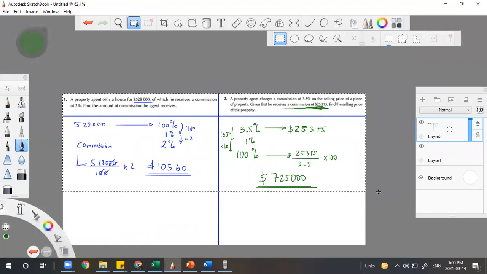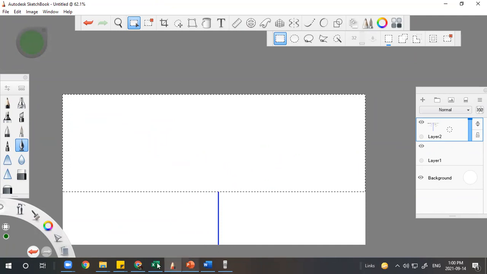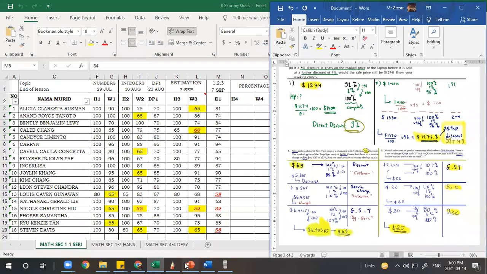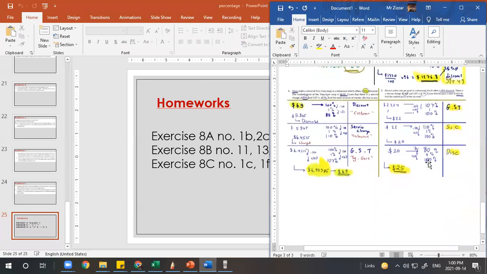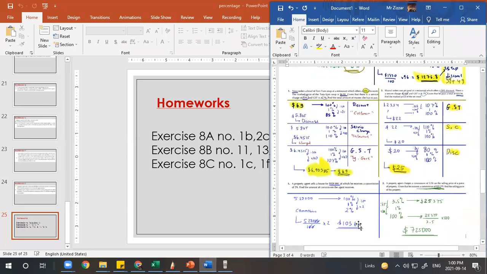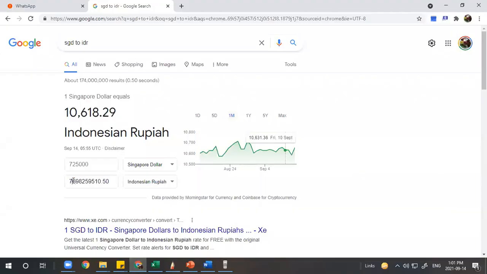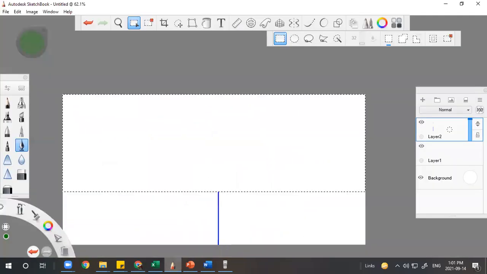It's maybe $1 million. Singapore houses are very, very expensive. Almost 7 billion, 7M. I cannot calculate that amount of money. My money is too small. In Singapore I mostly see apartments. That's why houses are pretty expensive.